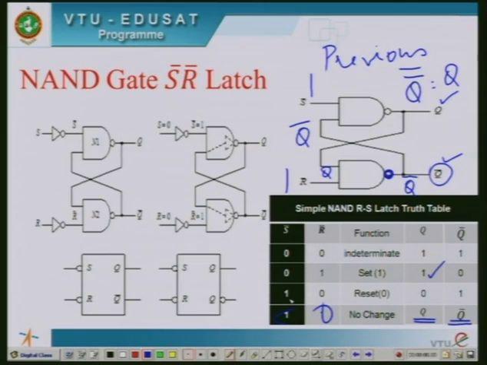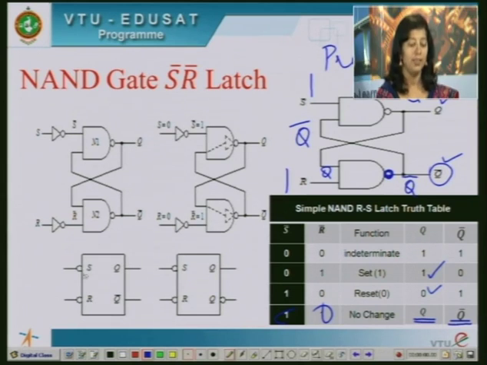If S bar is 1 and R bar is 0, remember we have complemented inputs. That is why when S bar is 0, output is high, and when S bar is 1, output is low. And when both are high, then it remains in the previous state or the same state as before, no change state it is called. You can see the logical representation of this flip flop.